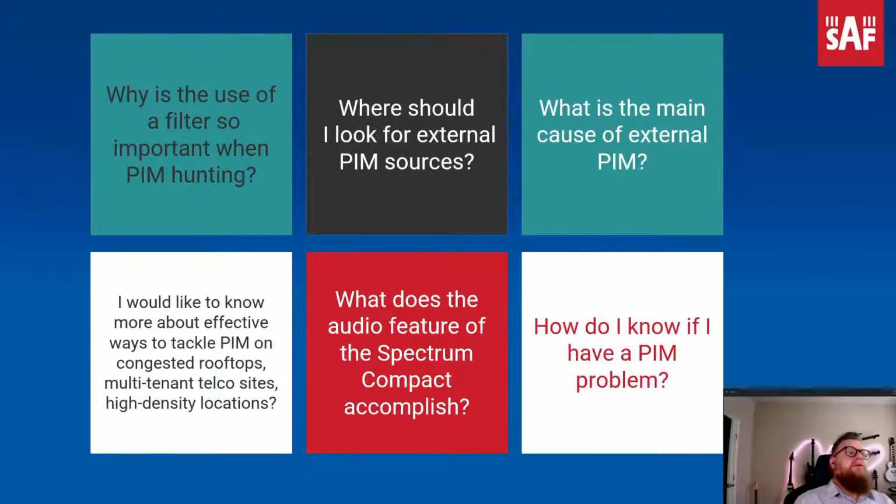So this goes back to what we initially talked about in the video, where probably the most effective way that you and your team can tackle PIM on congested rooftops or multi-tenant sites, high-density locations, just like the question illustrates, is making sure that you and your team are educated on what PIM is, what the standards are of your particular client, which could be the mobile operator typically, who would be hiring you to help solve these problems.